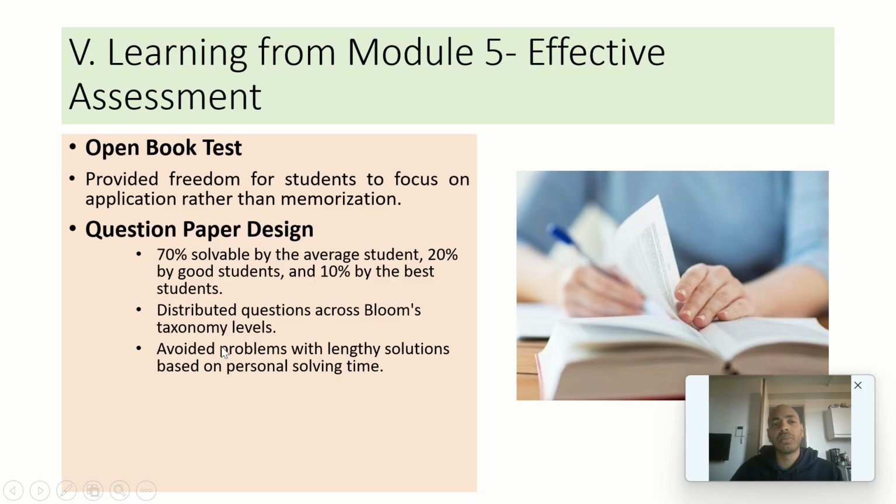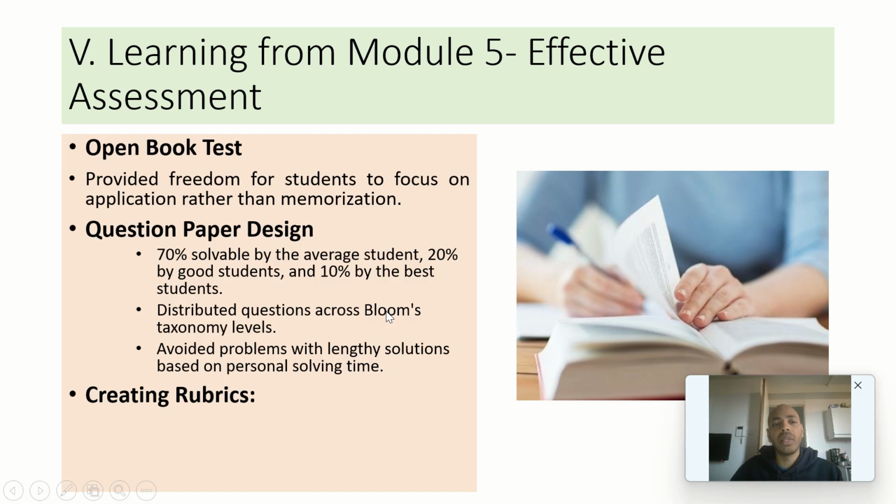Then again you have to distribute it across the Bloom's taxonomy levels. There are different levels: remember, understand, analyze, create. So you have to divide it accordingly. Avoid problems with lengthy solutions. Before giving the problem, you can solve it on your own and see how much time it takes, and you should avoid giving lengthy problems in the exam.